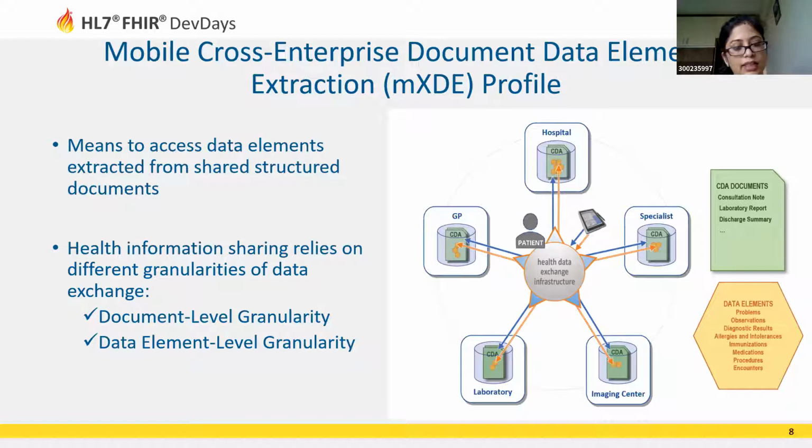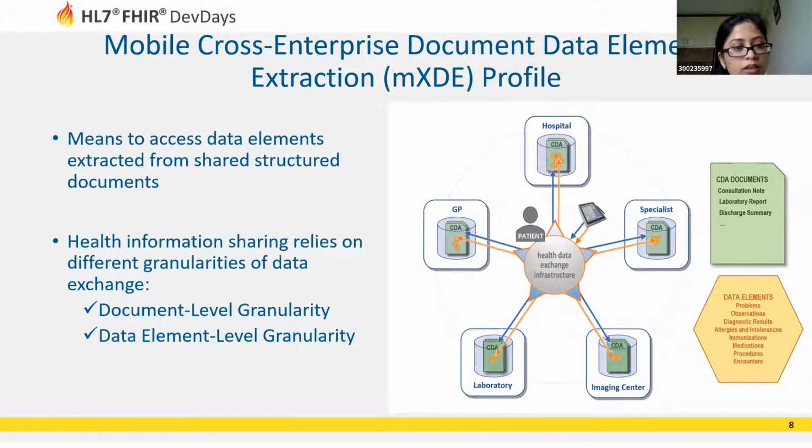In such cases, the service needs to provide a FHIR bundle containing only the required FHIR resources that have been asked for. So basically, with data element level granularity, we're extracting only certain elements that exist in the CDA based on the FHIR query and providing that as a response to the FHIR consumer.